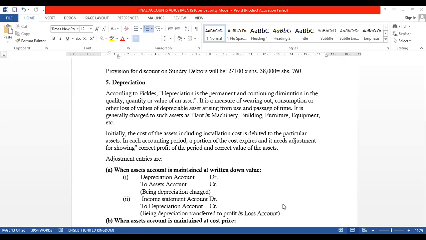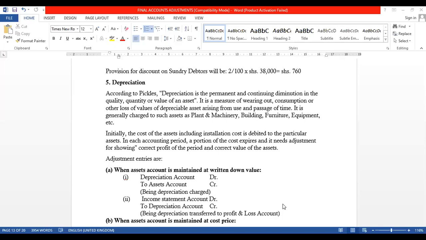And once those assets are bought, you don't expect their value to remain constant throughout. And therefore, as an accountant, when you are reporting, it is always prudent to adjust and try to estimate the value of that asset in the year of reporting.